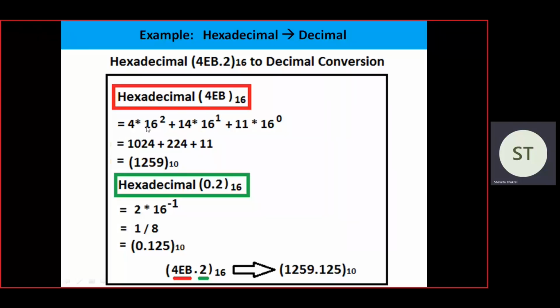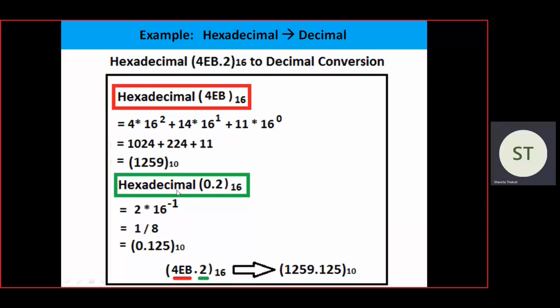So we multiply 4 by its corresponding weight, 16 raised to power 2. Then E's equivalent value is 14, so we multiply 14 with 16 raised to power 1, and B's decimal value is 11, so we multiply 11 by 16 raised to power 0, and finally we add all these multiplications and we get the first part of the result.